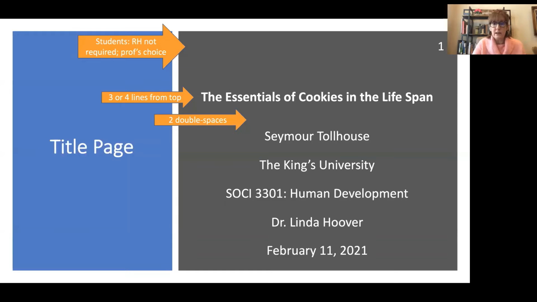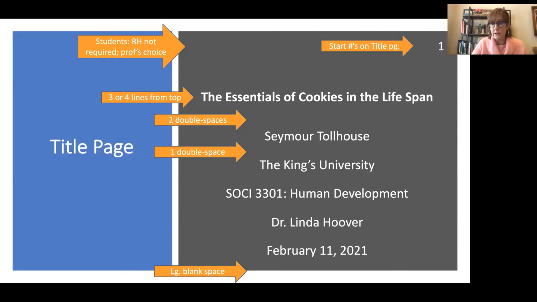And then there'll be 2 double spaces, and then you'll add your name, double space, King's University, double space, the name of the course that you're in, the instructor's name, and also the date. And that is really centered in maybe the top third, maybe to half of the paper, and then the rest of it is left blank. So those are some pretty significant changes in the title page and what's required.